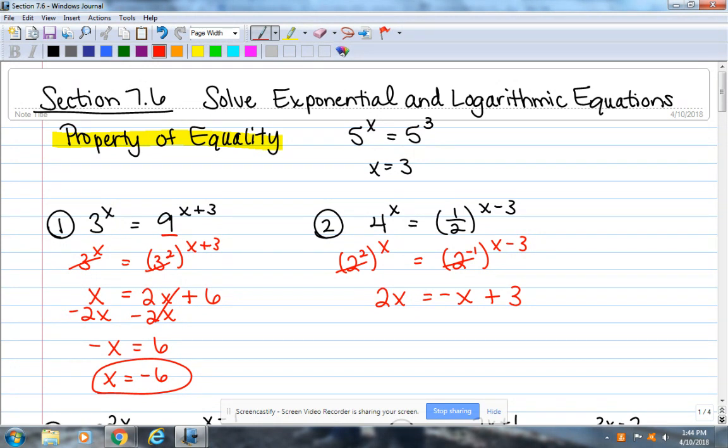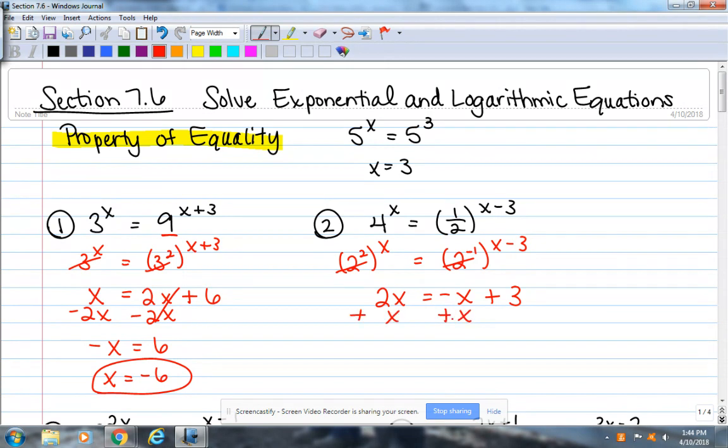Now, how do I solve that for x, y'all? How do we get our x's together? How do I do that mathematically? Add x to both sides.